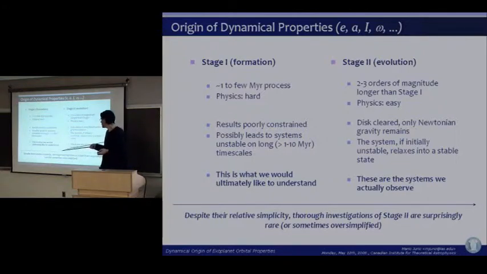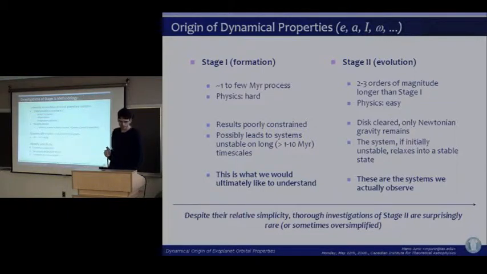However, despite the relative simplicity of this part of their lifetimes, and despite the fact that it lasts much longer, thorough investigations of this stage 2 have been surprisingly rare, or usually they have been oversimplified with just taking a few planets or adding in additional conditions to make the computations simpler.